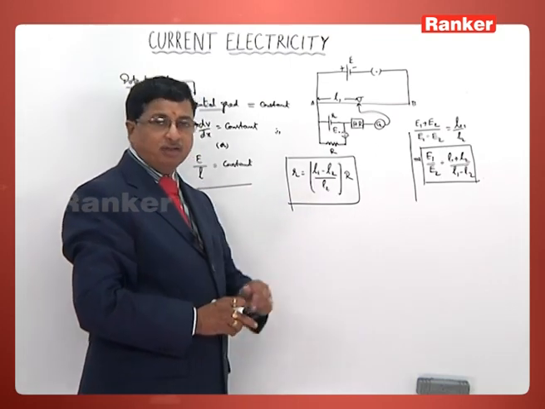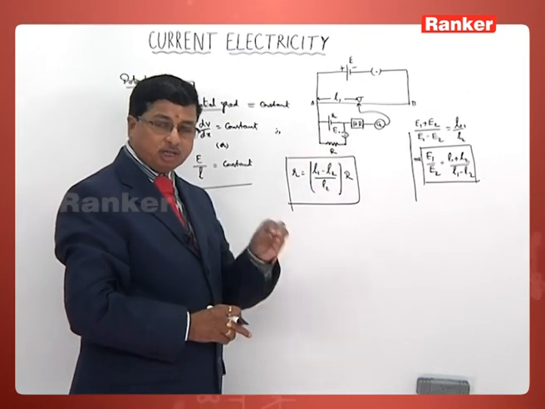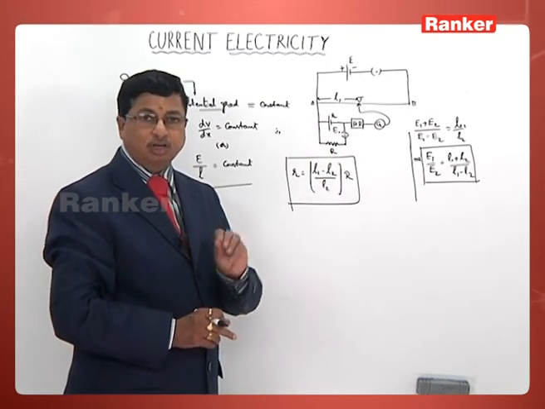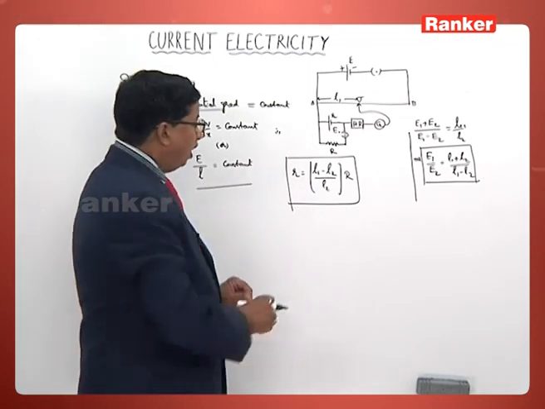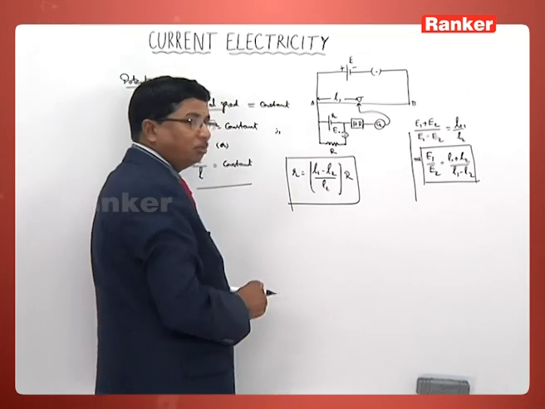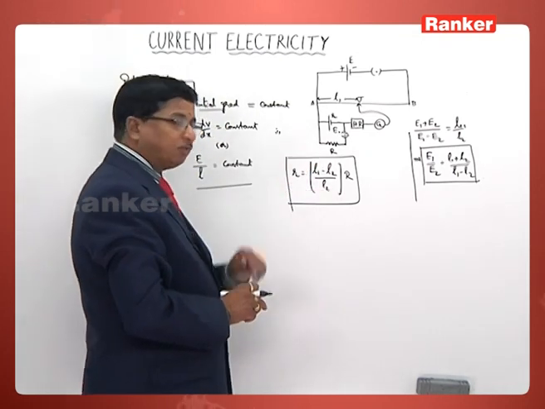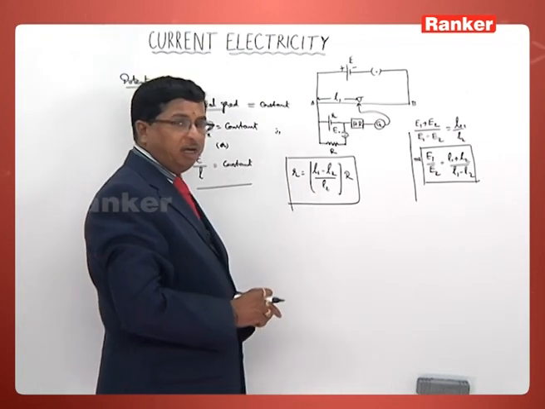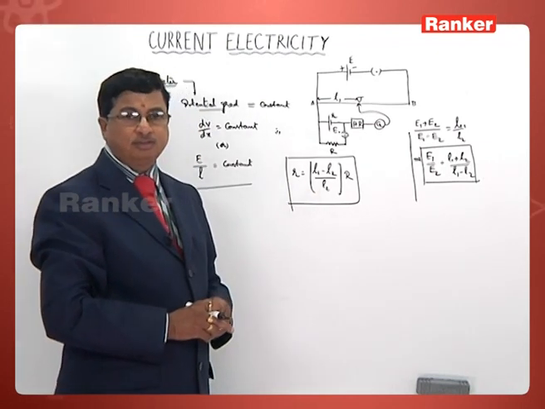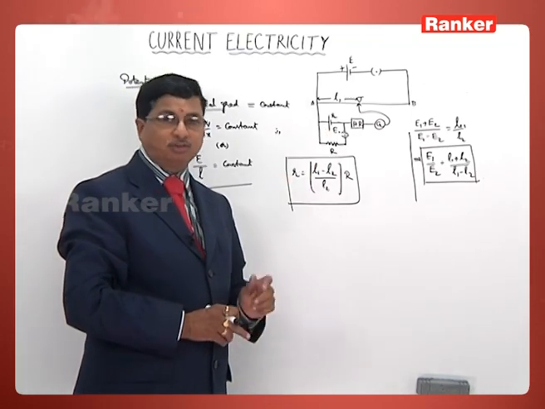L2 is the balancing length when the resistance also is taking part in the secondary circuit. And capital R stands for the external resistance that has been connected over here. Thereby, if you use this formula, you can directly get the internal resistance of the cell which is connected in the secondary circuit.